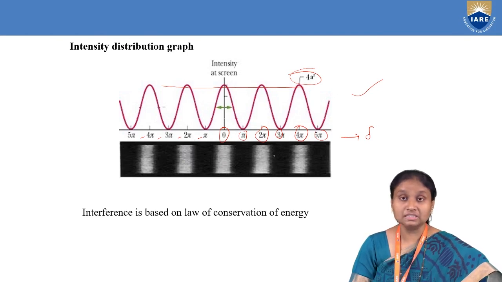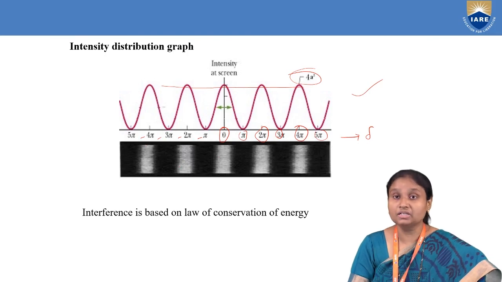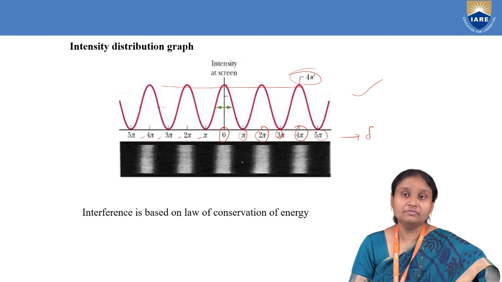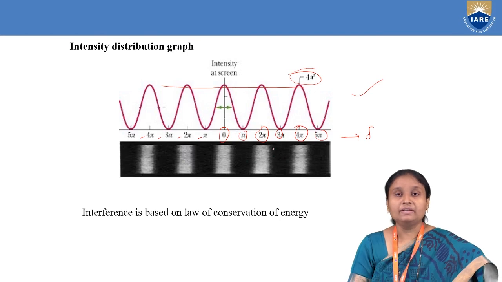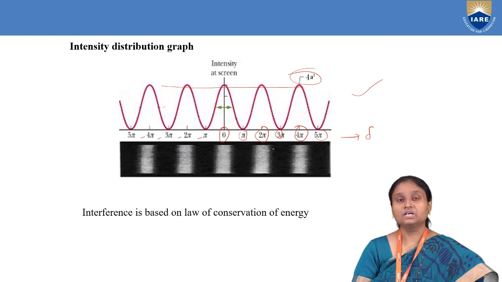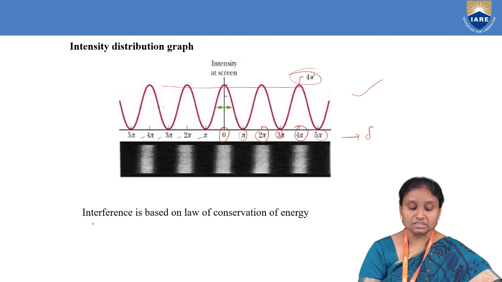As you can see on the screen, because we made use of a monochromatic source, you'll have our bright fringe, white in color, then we have dark fringe where intensity is completely 0. And at those points where we have bright fringe, we'll be able to see those bright bands followed by dark bands.